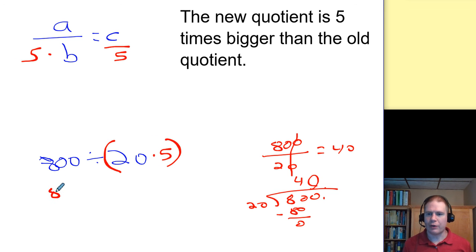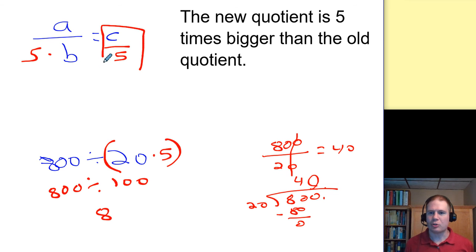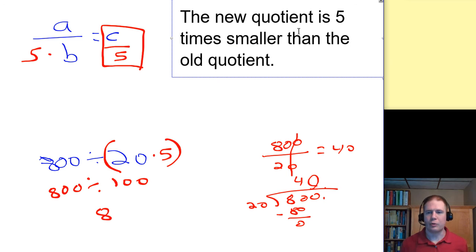So instead of 800 divided by 20, I have 800 divided by 20 times 5, which is 100. And 800 divided by 100, that's 8. Right? How does 8 compare to 40? It's 5 times smaller. In this case, the new quotient is 5 times smaller than the old quotient.